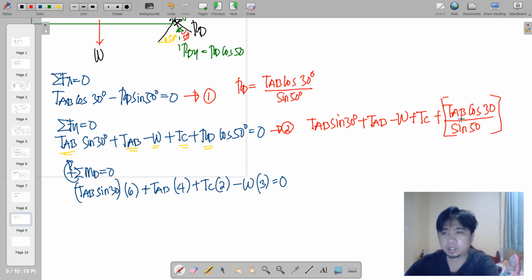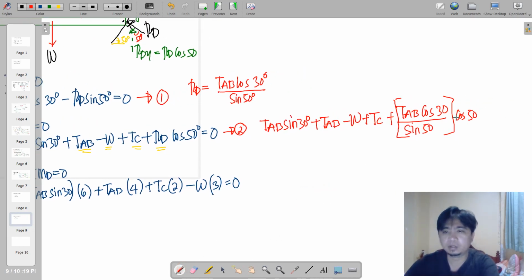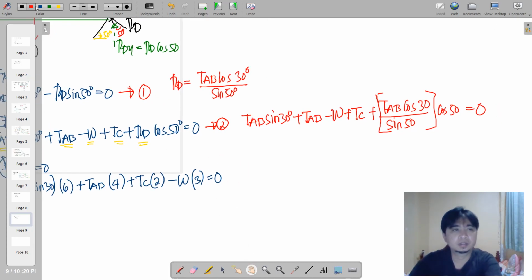So we need to copy this cosine 50. And then all of this will be equal to 0. So let this be our fourth equation.